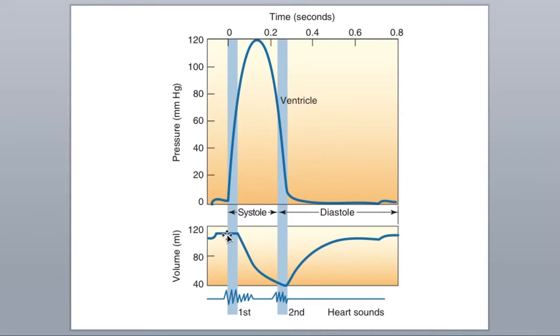And then during systole, pressure increases, forcing a lot of that blood out, and it decreases significantly. And then during relaxation, it's able to fill back up. Right, and then at the end of relaxation, there is the maximum volume of blood within the chamber.